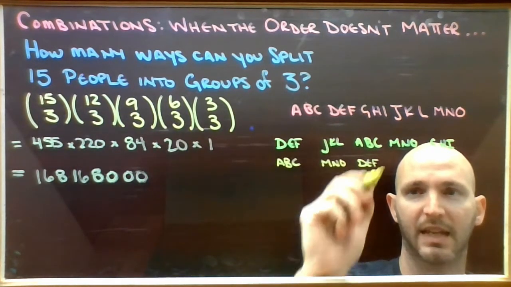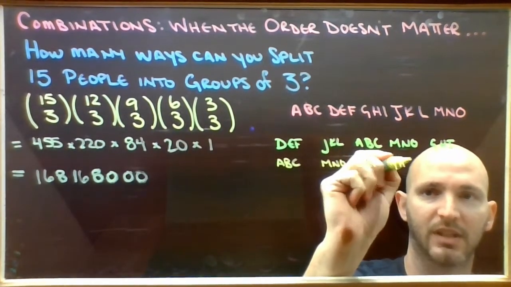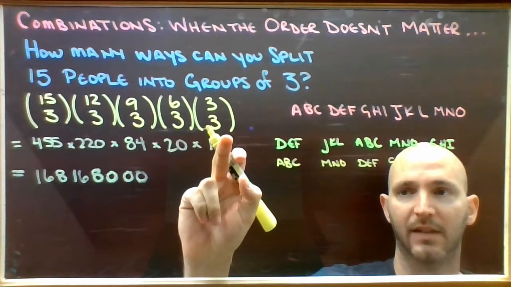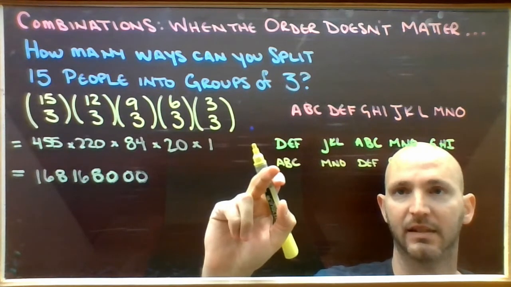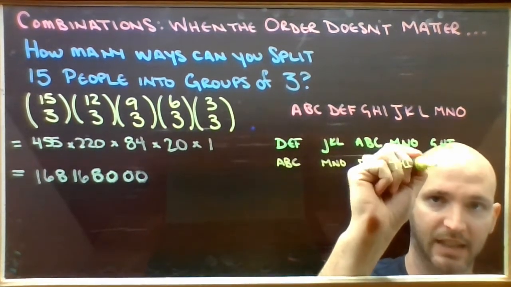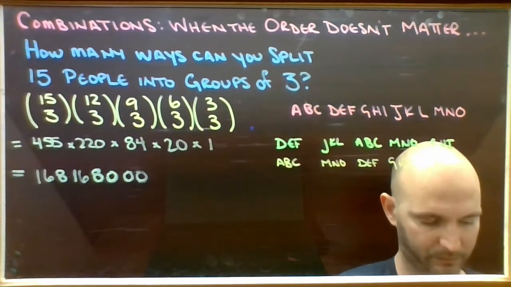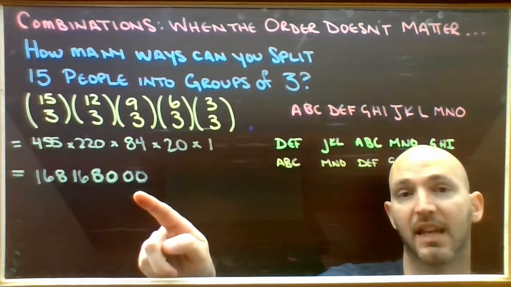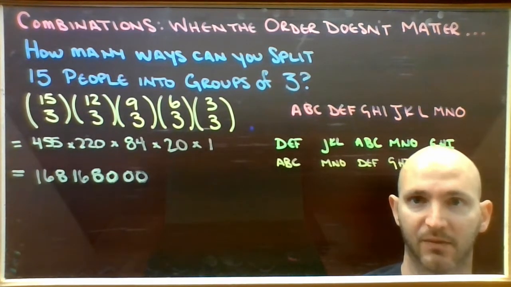So I will take the G, the H, and the I. And then of the 3 letters that are left, which one haven't I taken yet? I'll have to take the J, the K, and the L. So that's also one of the 168,168,000 different ways to do this.